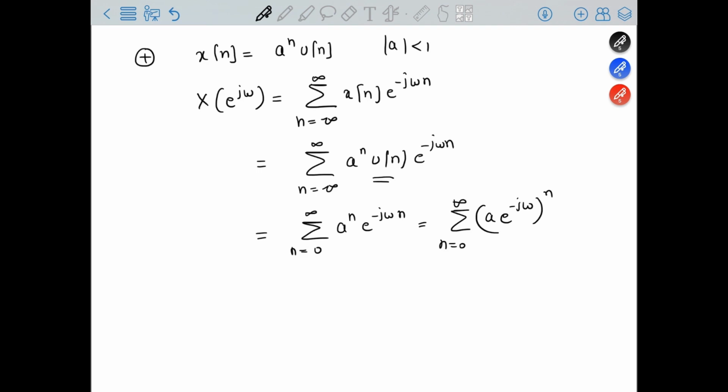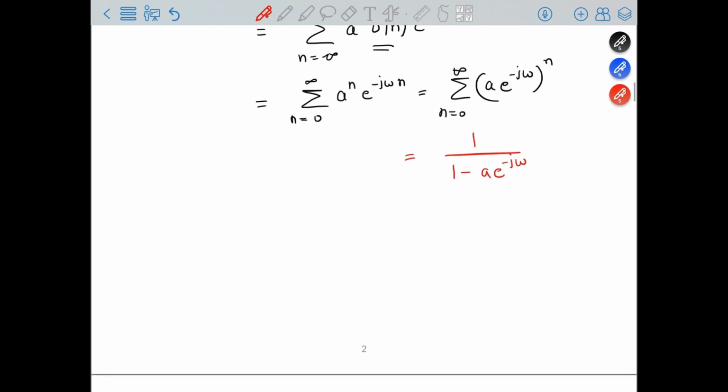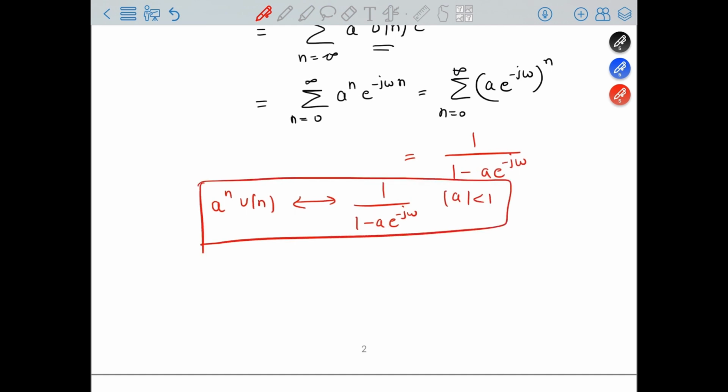So now it is an infinite geometric series, and we all know the formula for that. We can directly write it as 1 over 1 minus a e raised to the power minus j omega. So the Fourier transform of a raised to the power n u[n] can be given as 1 over 1 minus a e raised to the power minus j omega, with mod a less than 1. This is a very commonly used signal throughout this course, so you should remember this form.